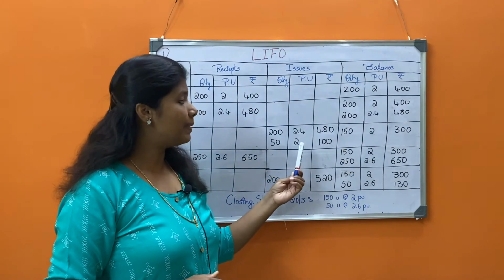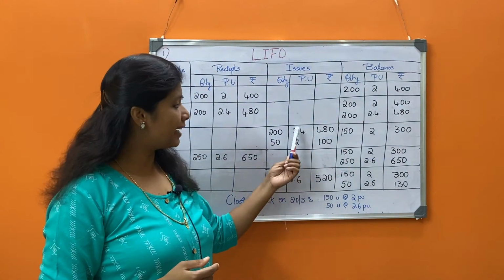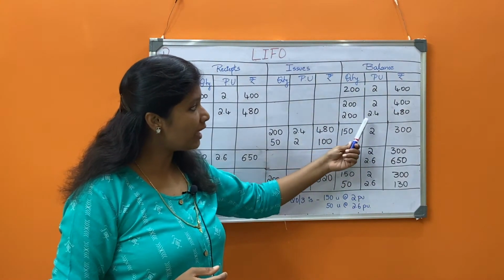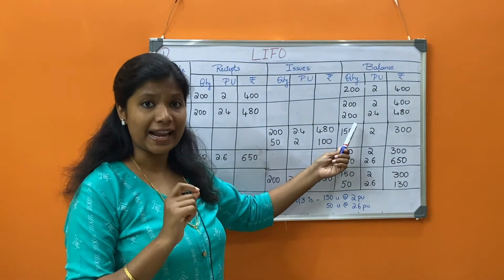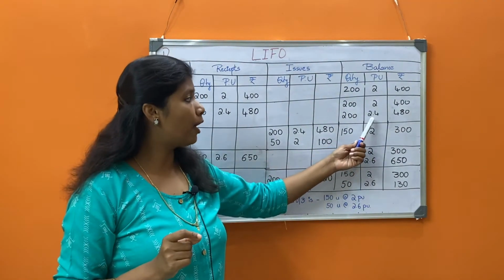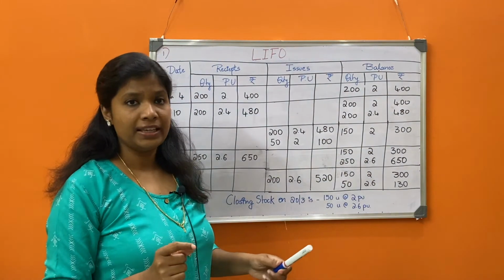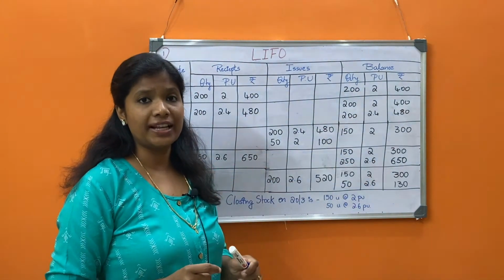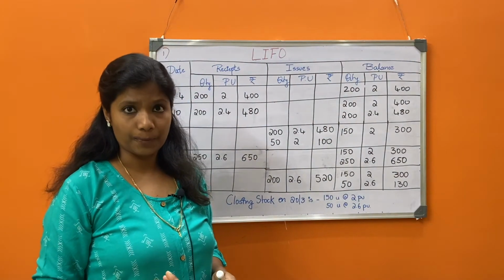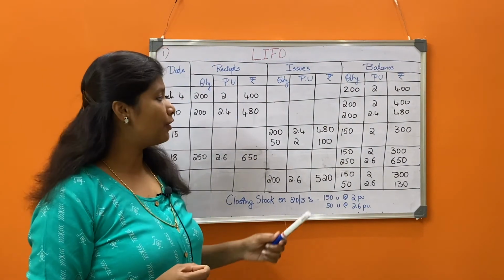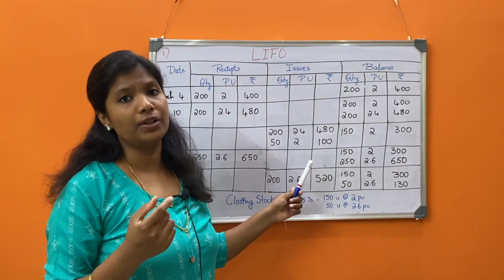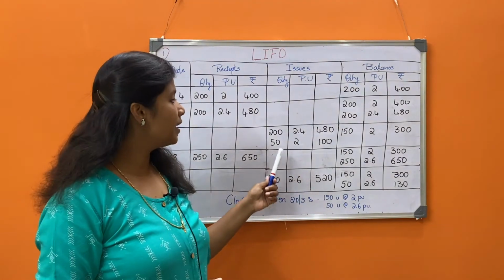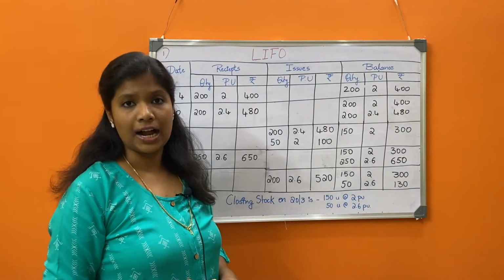Be careful when you're writing down the rates over here. Whatever the stock is priced at, you have to copy down only that value. If you mess around with the wrong per unit rates, your answer will turn out to be wrong. So be careful when you're writing down the per unit rate in the issue column. So 50 at 2, 100 rupees.